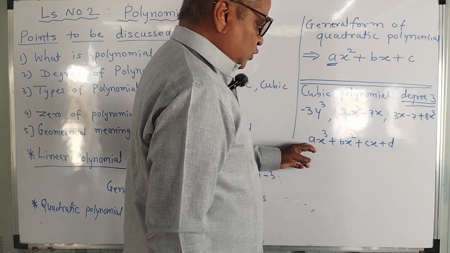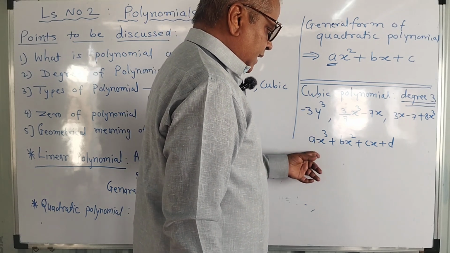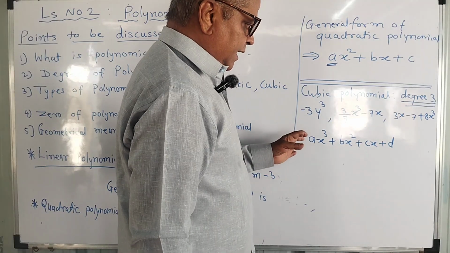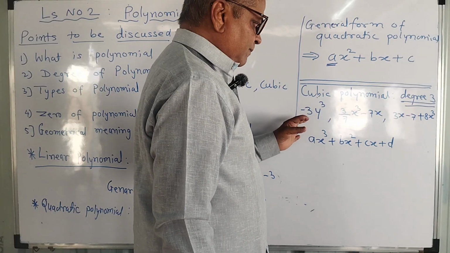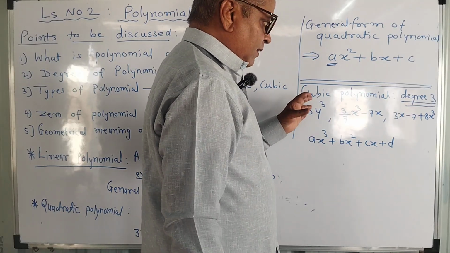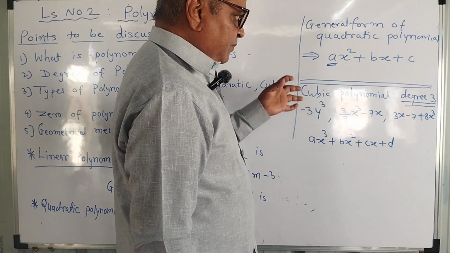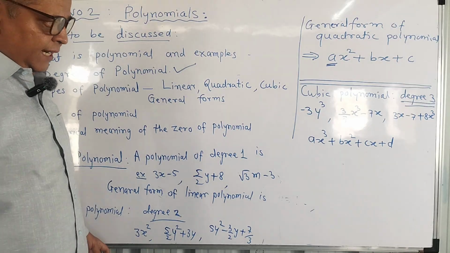But a should not be 0, because if a is 0, then ax cube becomes 0 and it will not be a cubic polynomial. Only this much, or these 2 points only we will learn. We have to learn linear polynomial and quadratic polynomial in detail.